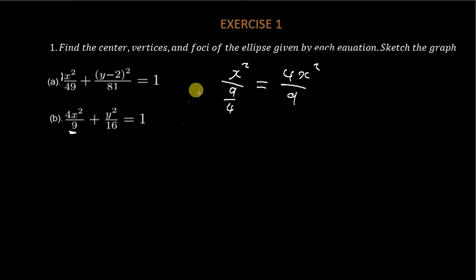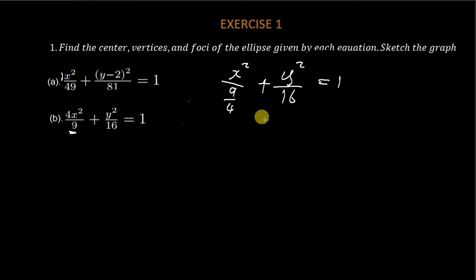So that's what we want to achieve there. So let's write this equation in that format now. Then from there we have a plus, then you have y squared over 16 is equal to 1.